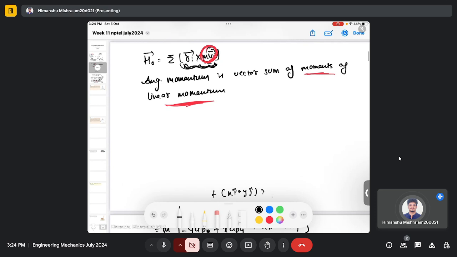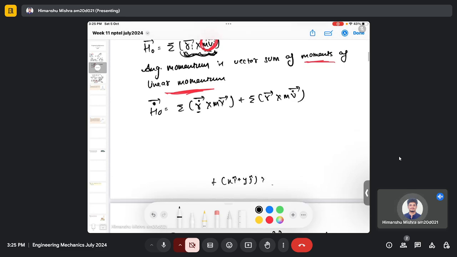Right? And if I take the time derivative of the above quantity, H dot O, then I will get r dot cross mv plus r cross m v dot, right?